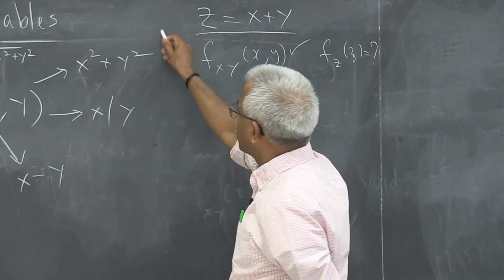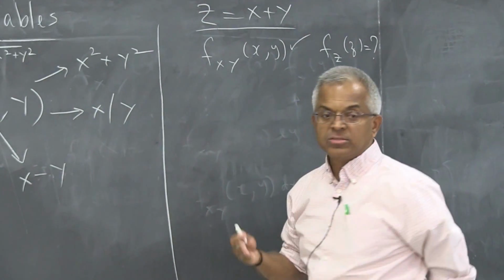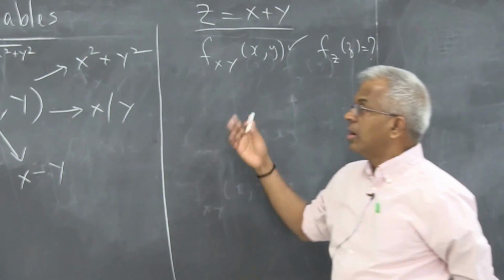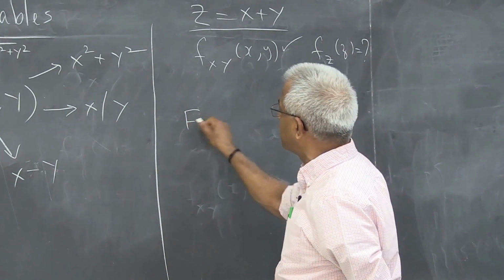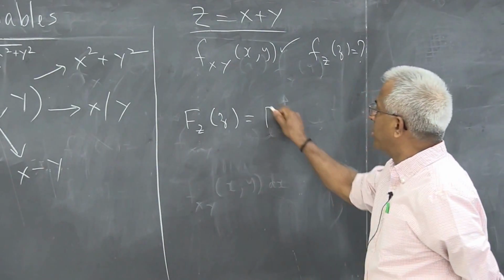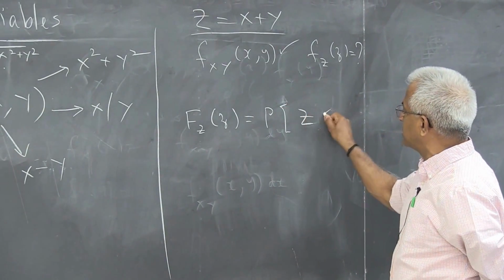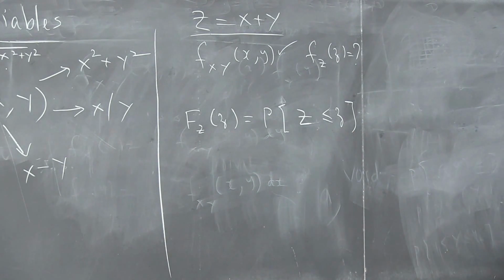There are a couple of ways you can do this. These are very standard problems, but since it is new to you, the easiest way, which makes a lot of physical sense, is to start with the distribution function of z. Remember, by definition, the distribution function is the probability of Z less than or equal to z.